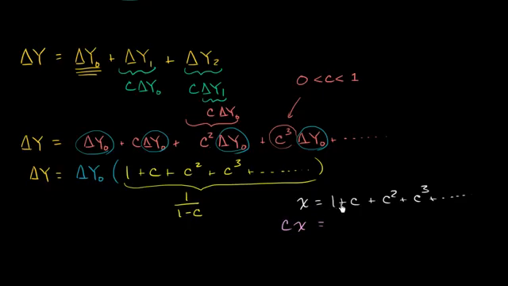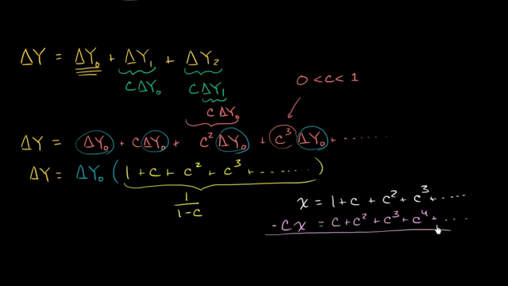Well, then each of these terms I can multiply by c. So 1 times c is c, c times c is c squared, c squared times c is c to the third, c to the third times c is c to the fourth, and so on and so forth. Now, what happens if I subtract this from that?